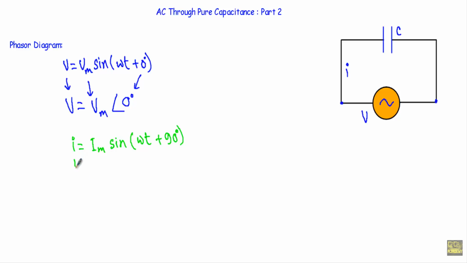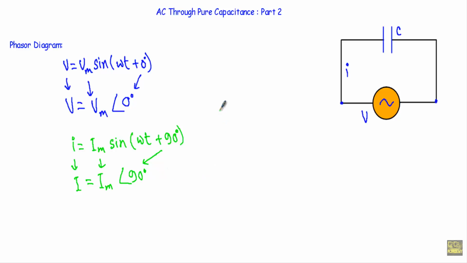Therefore, I will take the phasor I equal to the maximum value of the alternating quantity, and the phase angle will be 90 degree. Therefore, this will be our voltage phasor V equal to Vm, phase angle 0 degree, and this will be our current phasor I equal to Im, phase angle 90 degree.